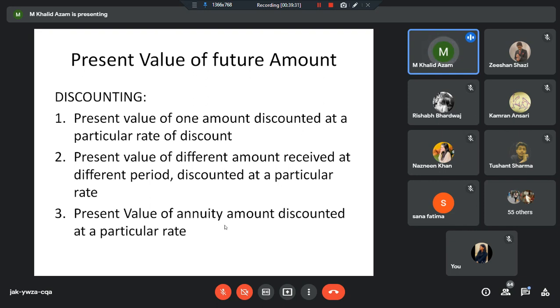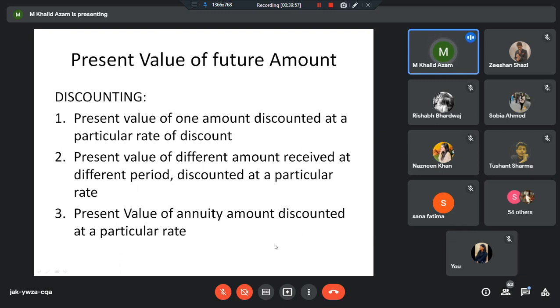So if it is going to start after 25 years, and you want to calculate its value today when you have started to deposit this money, you want to calculate what is the value of that money which I am going to receive at the end of the 21st year, 22nd, 23rd, 24th, 25th, and all that.